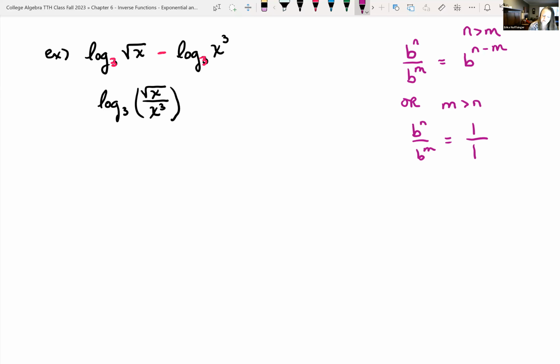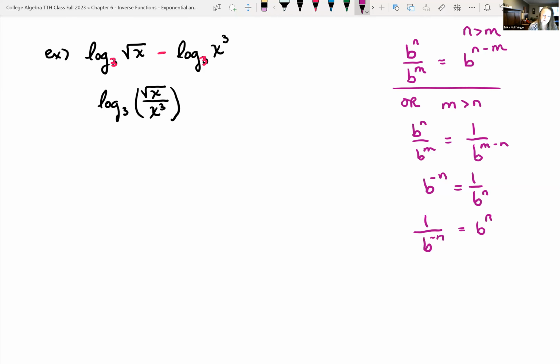So 1 over b to the m minus n. Or you can just do this first piece, and if that was not a positive number, then remember that if you had a negative exponent in the numerator, we can rewrite it and put it down in the denominator. Or if we had a negative exponent in the denominator, we can make that exponent positive by bringing it up to the numerator.